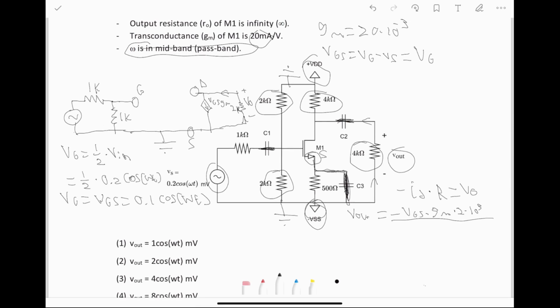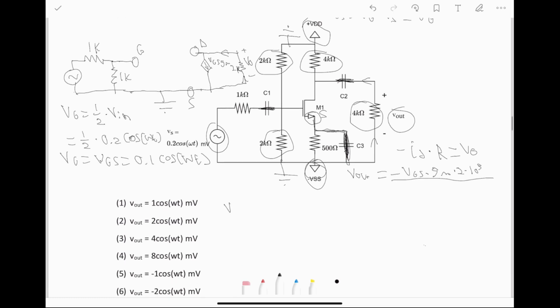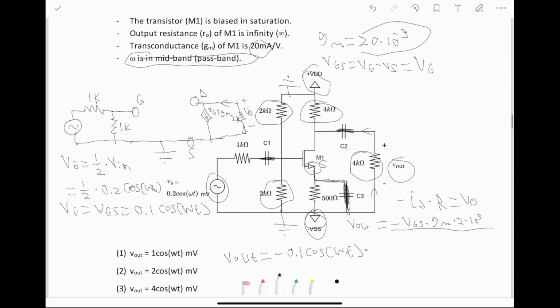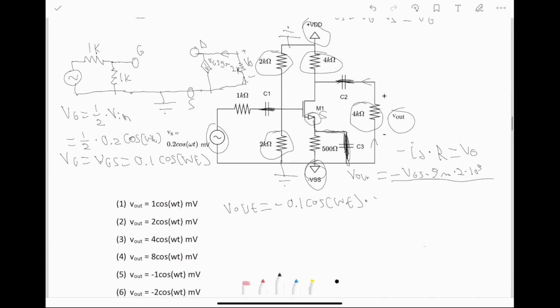With that written, what we can see is that we just need to plug everything in. So rewriting Vout is equal to, first off, negative VGS. As I solved for right here, VGS is equal to 0.1 cosine omega t, times GM, which I wrote right here is 20 times 10 to the negative third, times whatever this output resistance is, which is 2 kilo ohms.